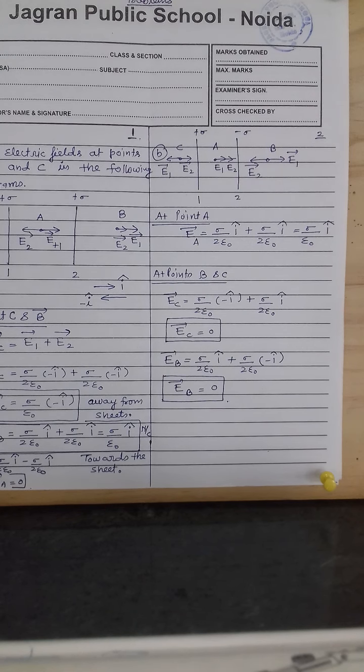Okay, so again we focus at point A. You see at point A, electric field due to the plus sigma sheet is E1, which is sigma upon 2 epsilon naught I cap in the direction of I cap along the x-axis.